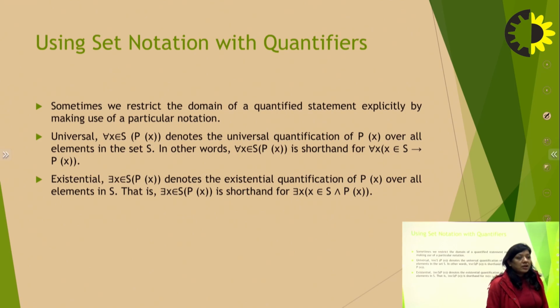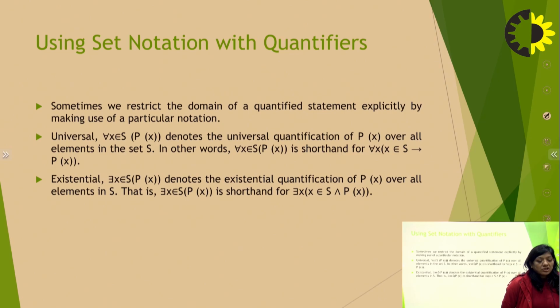Now, set notation with the help of quantifiers. Sometimes we restrict the domain of a quantified statement explicitly by making use of a particular notation. So, universal: for all x belongs to S, P(x) denotes the universal quantification of P(x) over all elements in the set S. In other words, for all x belongs to S, P(x) is shorthand for for all x, x belongs to S implies P(x).